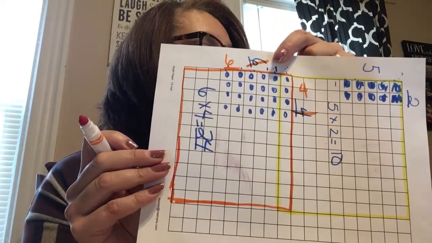You're going to write 8 on your page and 4 on the side. And you are writing 8 times 4 equals, and what does it equal? It equals 32. Good.